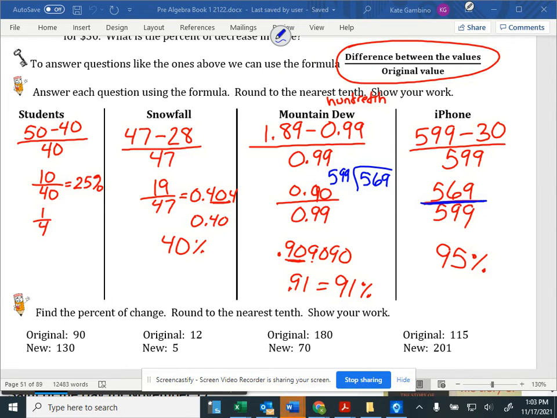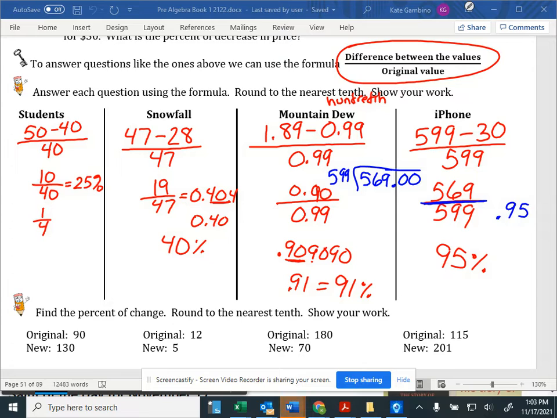That fraction bar means divide. 569 divided by 599. That's how we get 0.95, because 599 cannot go into 569, so we need to add on our decimals. Remember, if your outside number is bigger, you add on the decimals to the inside number.